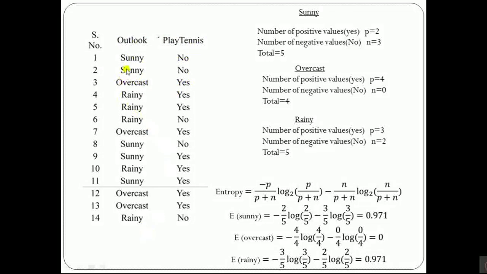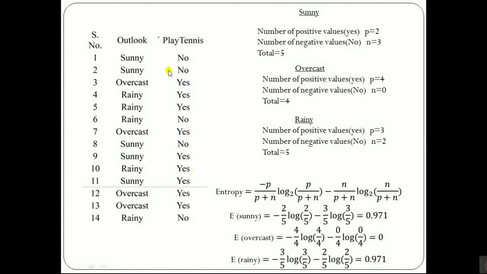From that, if the condition is sunny, the positive values given are only 2, yes and yes.